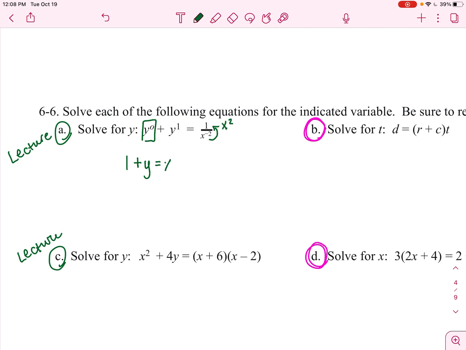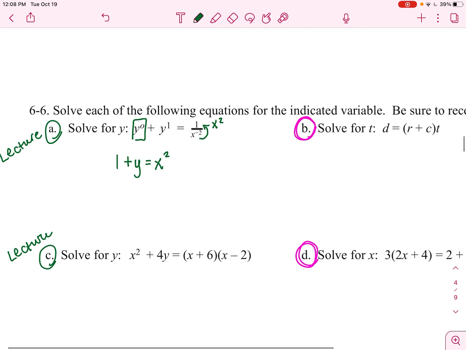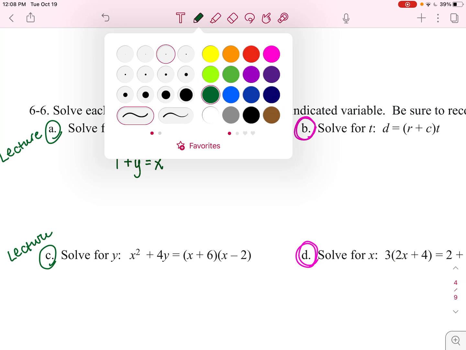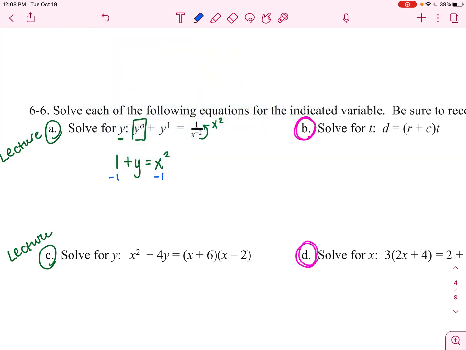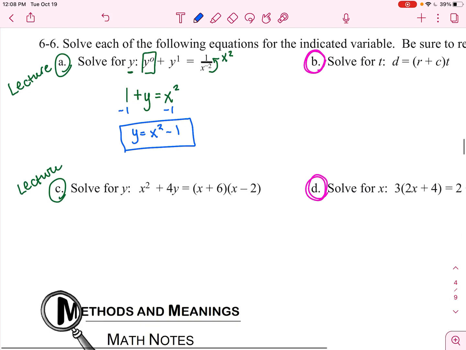So that equals x squared. And it just wants us to solve for y, get y by itself. So simply subtract 1 on both sides, and we get that y equals x squared minus 1. And that's your answer.